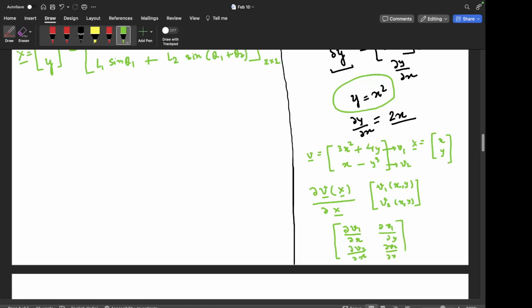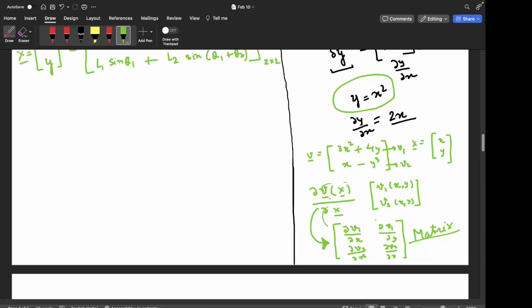And since this is a 2 cross 2, what you see is that the derivative of a vector quantity with respect to a vector quantity is not a vector but a matrix, right? This is a matrix. So the point to note is that the derivative of a vector quantity with respect to a vector quantity is a matrix.